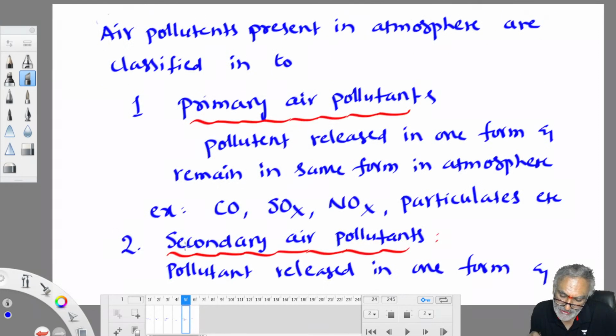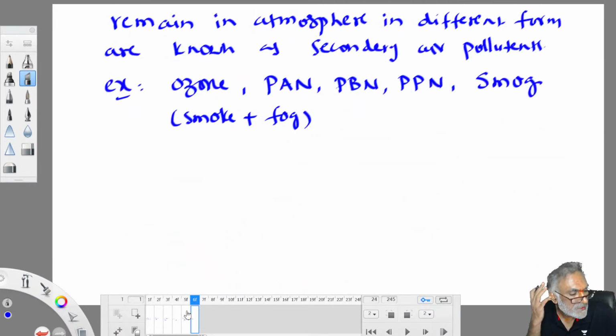Like primary citizen, secondary citizen. Primary citizen means what? The person born in one country and remaining in the same country is a primary citizen of that country. The person born in one country and living in a different country is called a secondary citizen. Students going to America and all, they are treated as secondary citizens. Whereas the person who was born in America, remains in America, studies in America, does a job in America, is called a primary citizen of America.